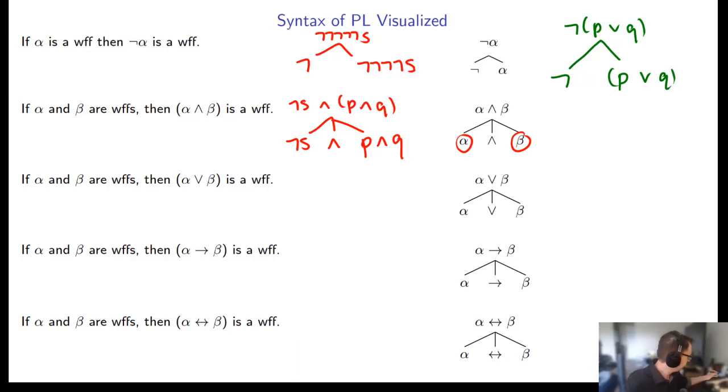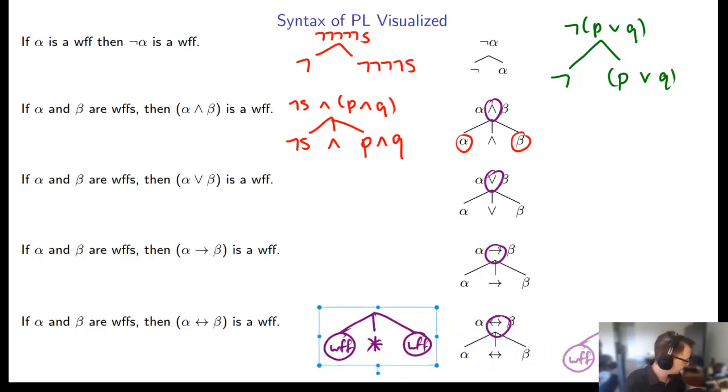So, of course, when we have a binary operator like and, or, if then, and if and only if, these are all going to be ternary branching structures because you have two well-formed formulas on the left and right branch, and then you have some sort of operator in the middle. I'm always covering that with my face.